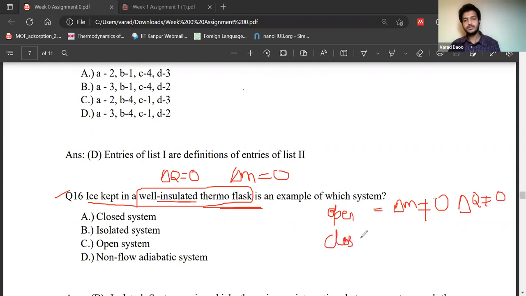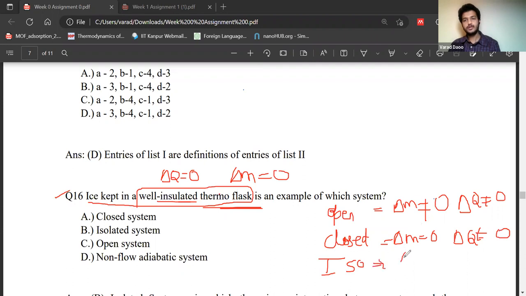Closed system means delta M equal to 0, delta Q not equal to 0.